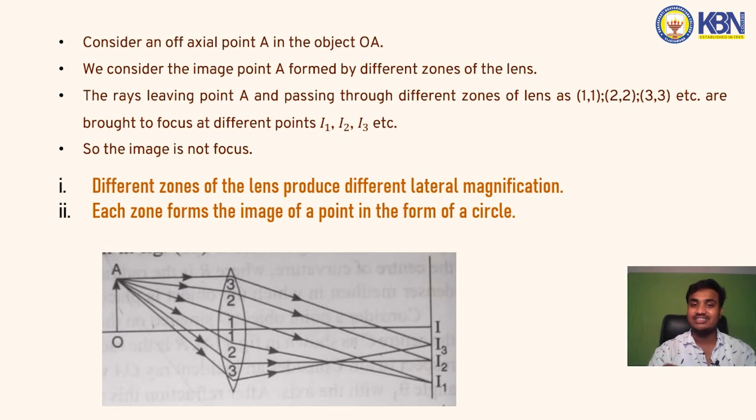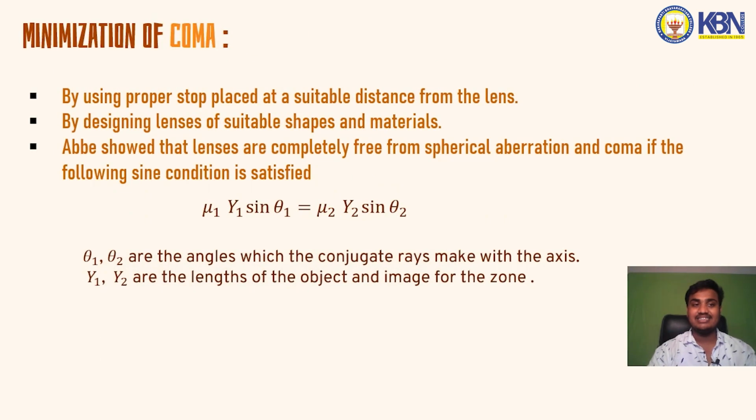These are the 2 reasons for the aberration called coma. And the elimination methods for coma: coma can be minimized by using a proper stop placed at a suitable distance from the lens, and by designing lenses of suitable shapes and materials.